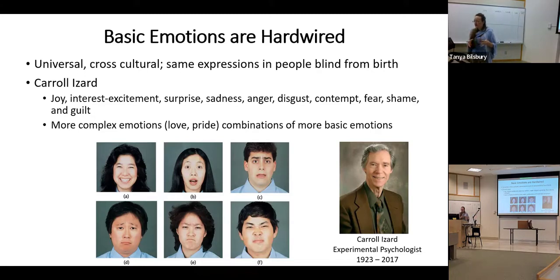Carol Izard identified 10 basic emotions: joy, interest or excitement, surprise, sadness, anger, disgust, contempt, fear, shame, guilt, and said that the more complex emotions, like say pride, are combinations of more basic emotions, just like when we're talking about that sense of touch, that it's based on 4 basic kinds of receptors. That right?